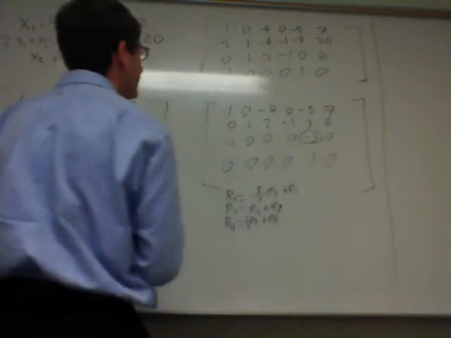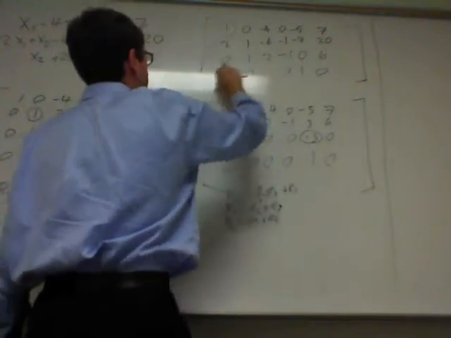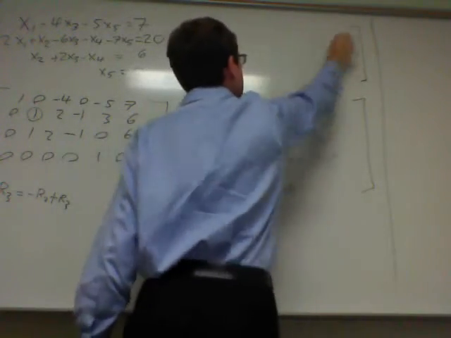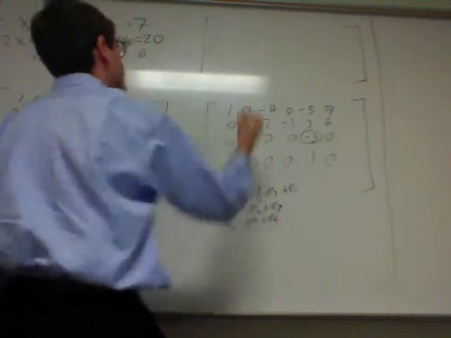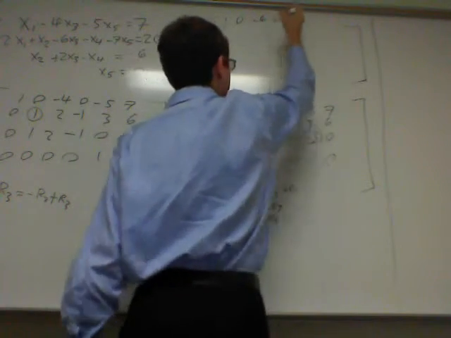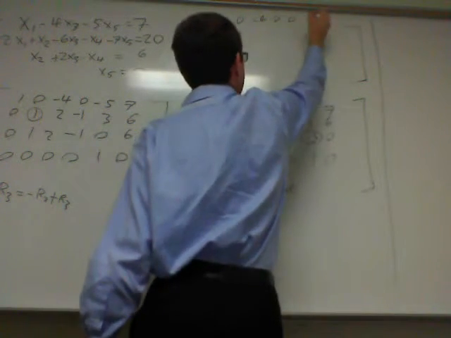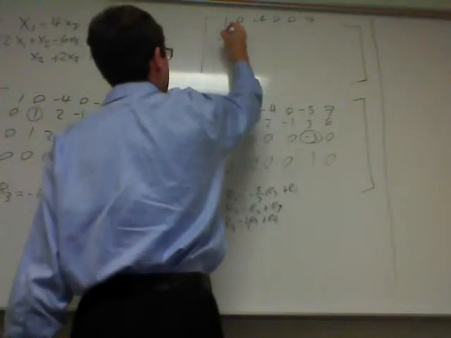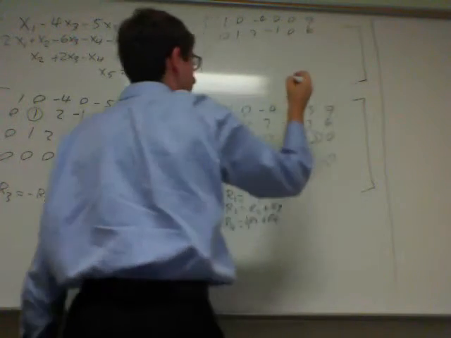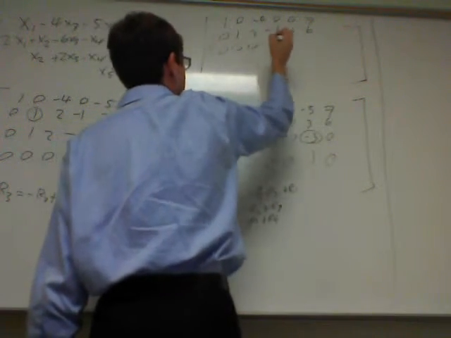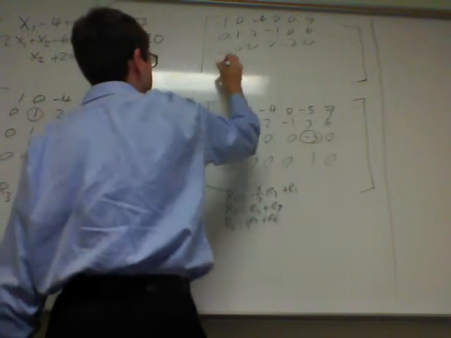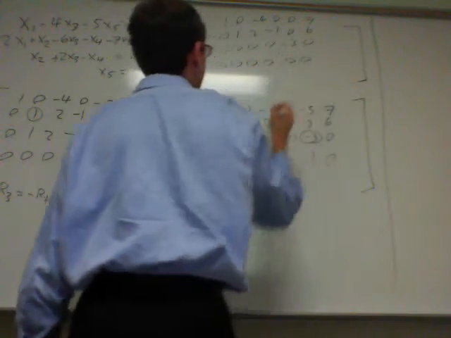And this will be solved as 1, 0, -4, 0, 0, 7, then 0, 1, 2, -1, 0, 6, then 0, 0, 0, 0, -3, 0, and then the last row would be 0, 0, 0, 0, 0.